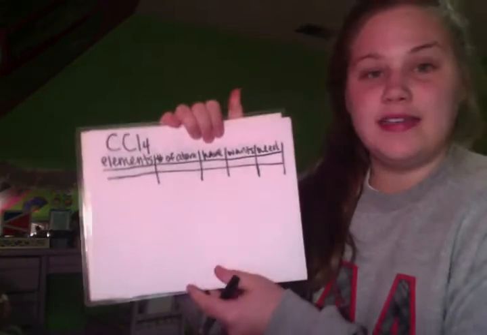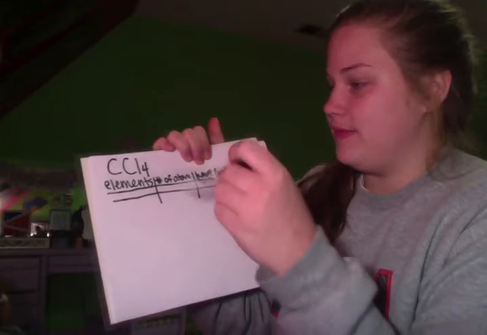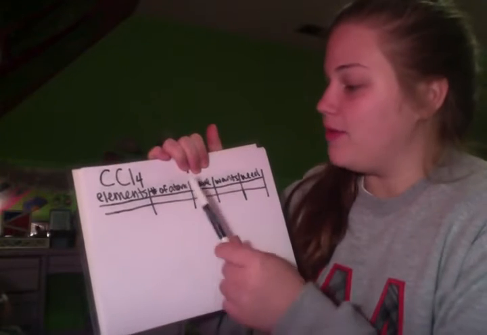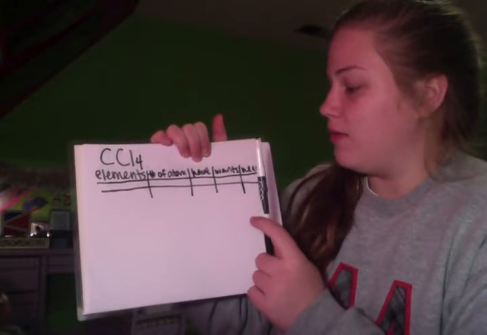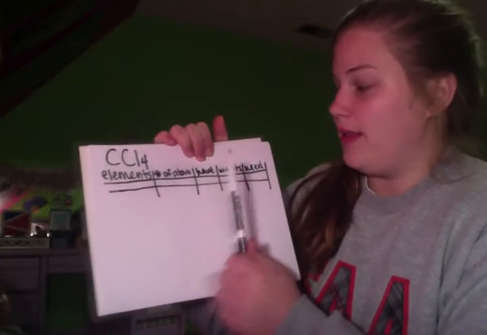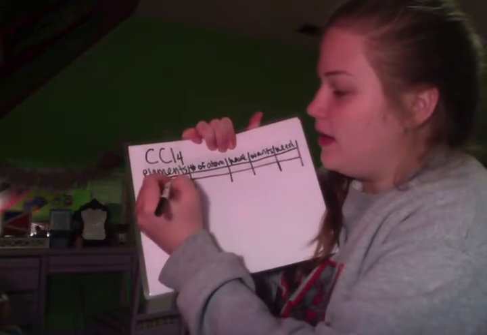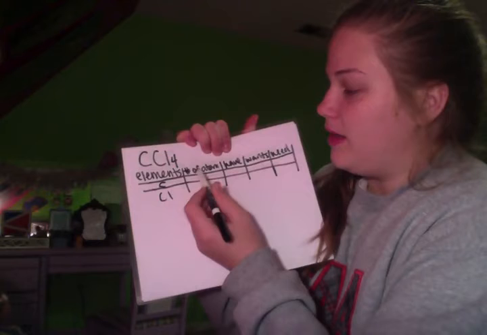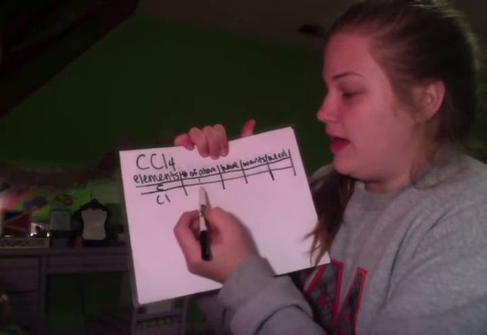And it's easiest to make this chart, so you can figure out the number of atoms and how many electrons they have, how many they want, and how many they need. First you write down the elements, C and Cl, and the number of atoms: C has 1 and Cl has 4.